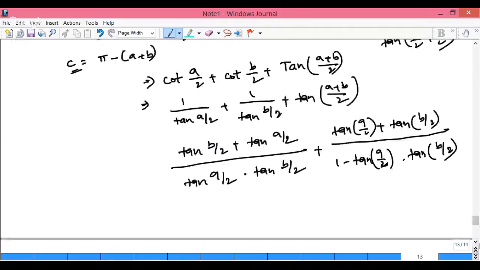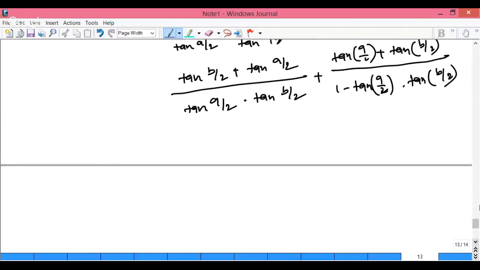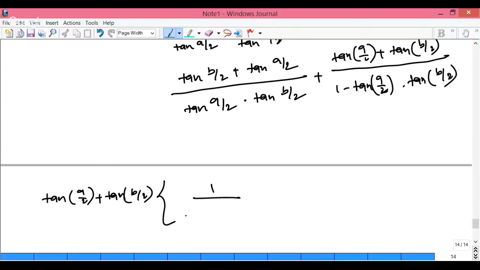Now when you observe, the numerators are the same here. So take it common: tan A by 2 plus tan B by 2. Now the remaining thing in the bracket is 1 by tan A by 2 tan B by 2, plus 1 by 1 minus tan A by 2 into tan B by 2.